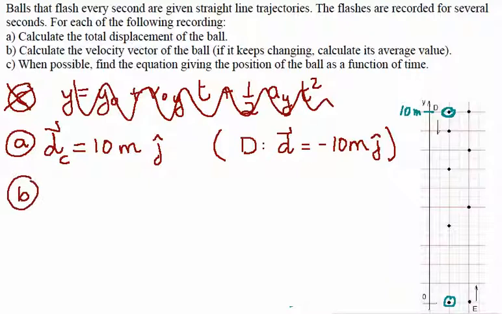And I can answer question B, which is calculate the velocity vector of the ball. If it keeps changing, calculate the average value. So V average, this one is positive, and the object is moving by 10 meters in 3 seconds.